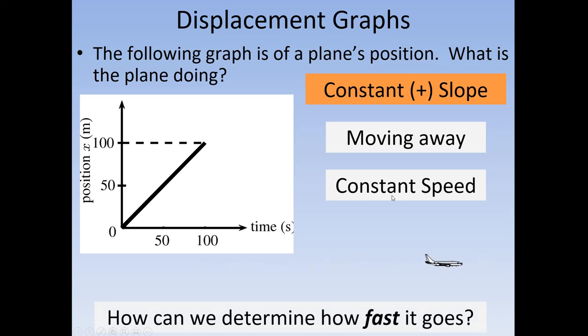Now, a good question would be, how can we determine how fast it goes? Is there a way to look at this graph to determine how fast this plane is going? Well, the main equation that we have for speed is v bar equals d over t. So we can figure out how much distance it covers and how much time it covers. Wait a minute. Distance is on the y-axis.